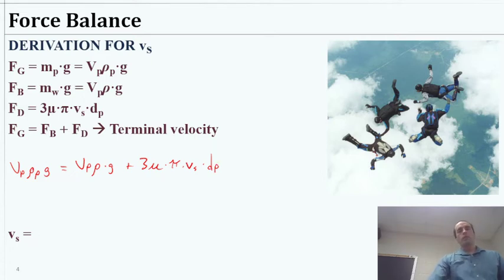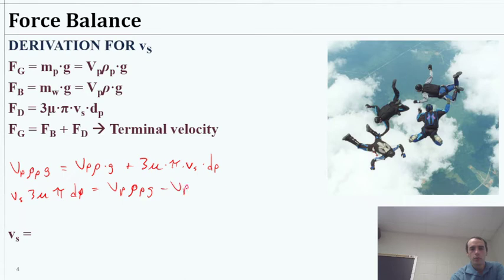Okay, so we've got some particle diameters, particle volumes. We'll probably convert everything into just diameters in a moment, but first, let's go ahead and get the velocity term by itself. So we'll say Vs times 3 mu pi dp is going to be equal to volume of that particle times rho p times g minus volume of the particle rho times g.